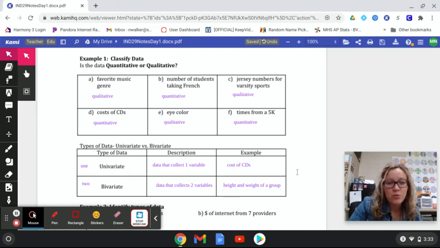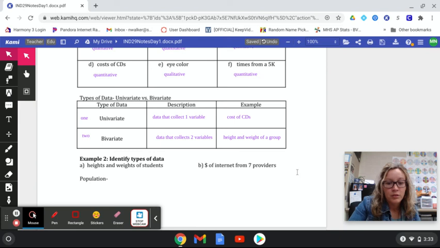Now, I don't know if they do that, but they at least do height. But if you're measuring two things, that is bivariate. So if you look at this first example, height and weight of students, that would be bivariate.